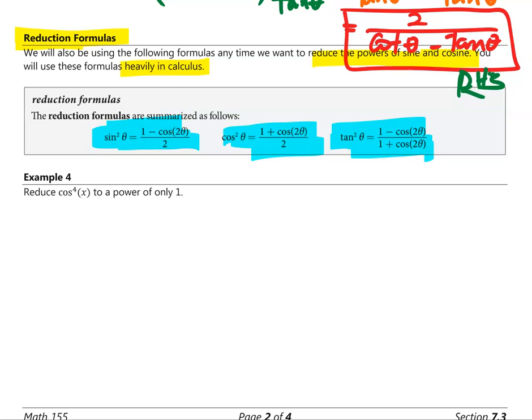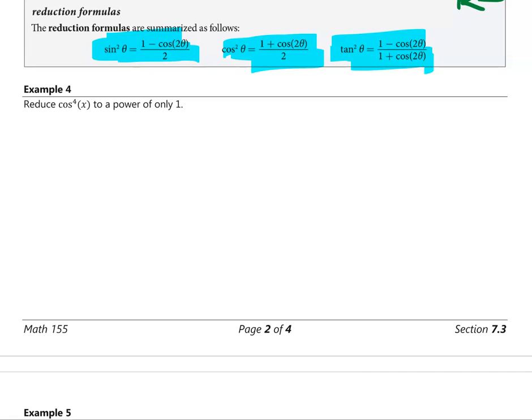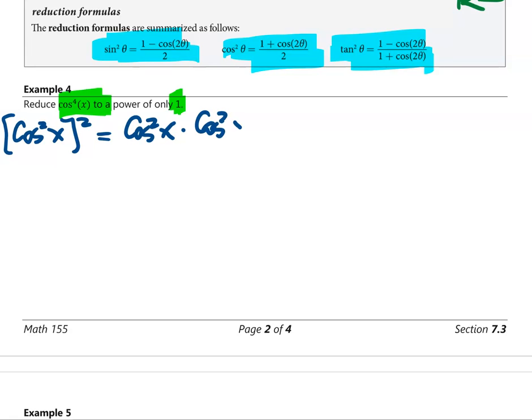Okay, so example number 4. We're going to reduce cosine to the 4th x to a power of only 1. You can rewrite cosine to the 4th as cosine squared x, squared. That means that is the same thing as cosine squared x times cosine squared x. Do you agree? And now we have cosine squared here.